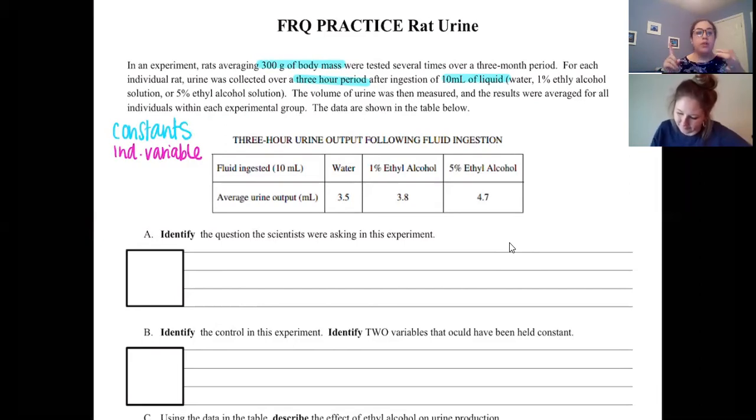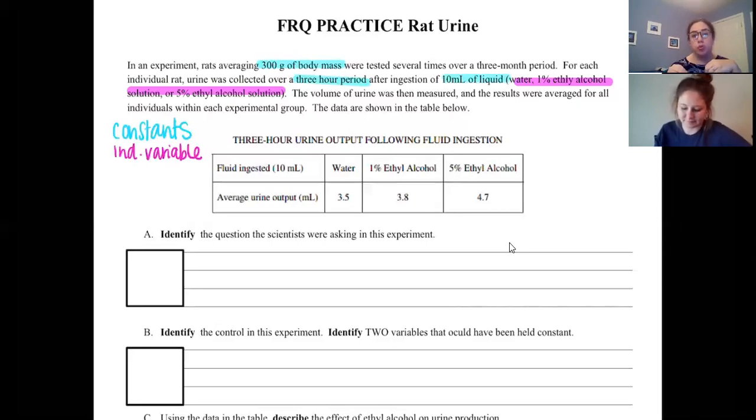So the water, the 1% alcohol solution, the 5% alcohol solution, all of that is something that the scientists themselves can control in order to test the effects. What they want to test is how the amount of alcohol is changing the volume of urine that is being produced.